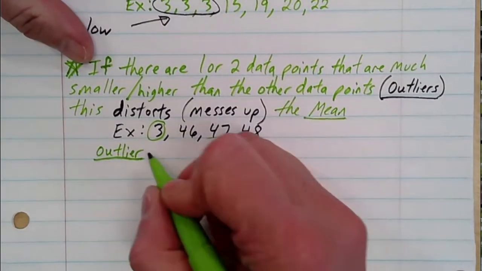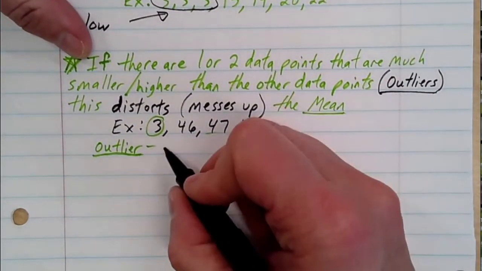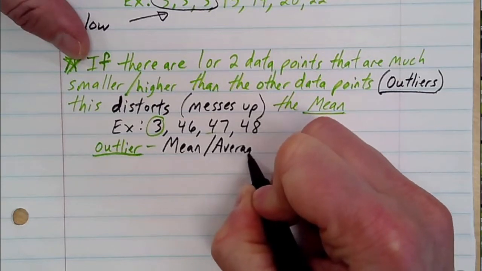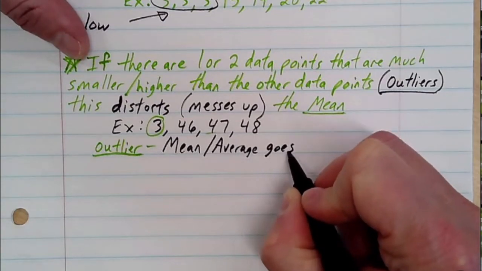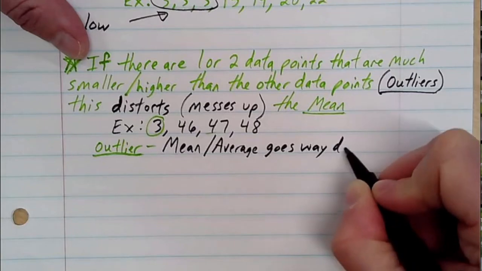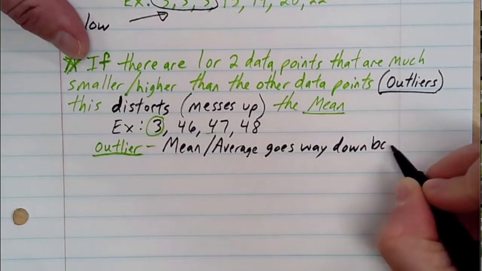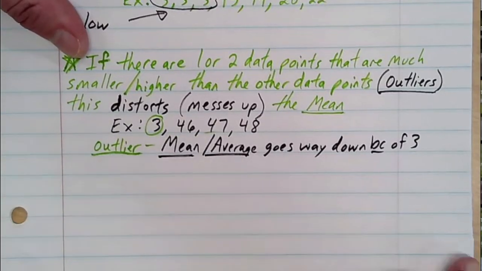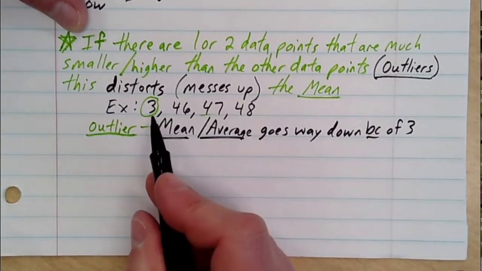So when you have an outlier, the mean or average goes way down. In this case, it's because of 3. So BC in my notes, remember, is because. So your mean or average goes way down because of the 3 in this example.